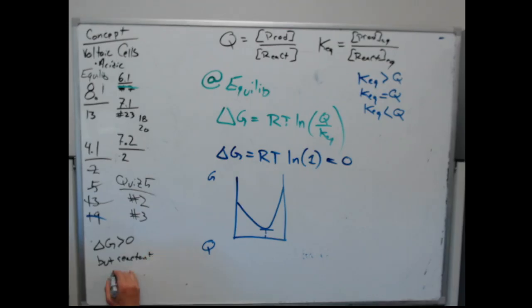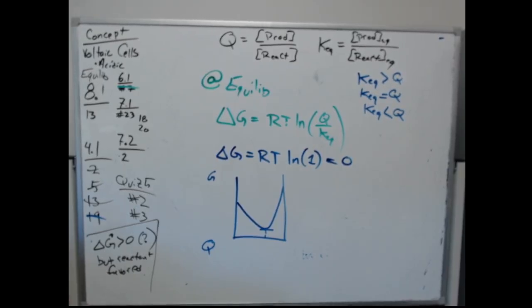Oh, but it's delta G standard, I think. Delta G standard greater than 0. Then I might have made it. That was in the video on Monday, I think, or Tuesday. It was one of those days. I'll have to think about that. I'll take a look at it.